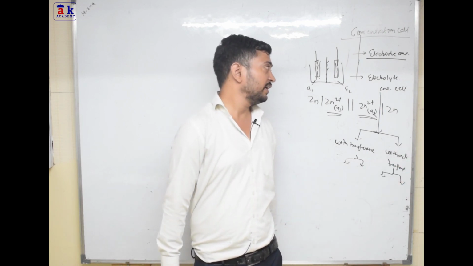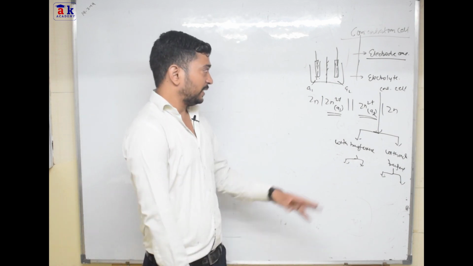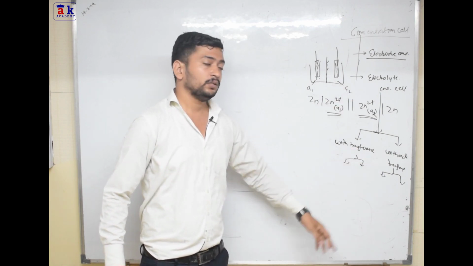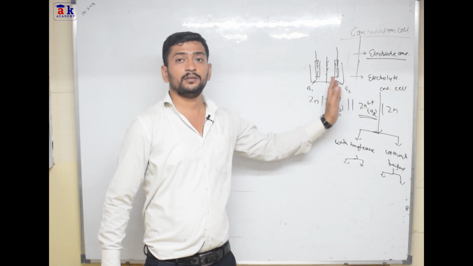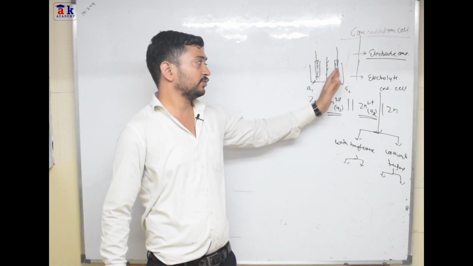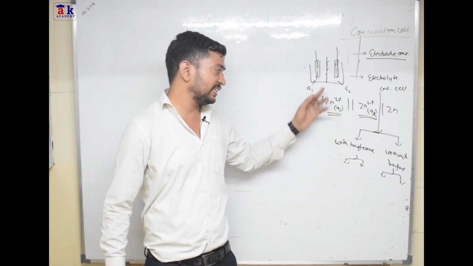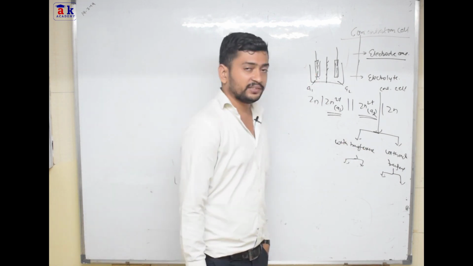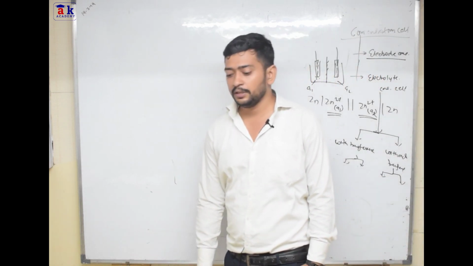That is a kind of electrolyte cell without transference. But if the solutions are in direct contact with each other, they are transferring their material from this side to that side, and liquid junction potential is also arising. So in this case this cell is an electrolyte cell with transference, right? Understood?